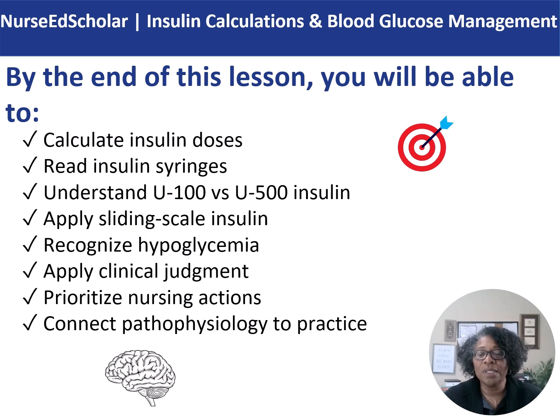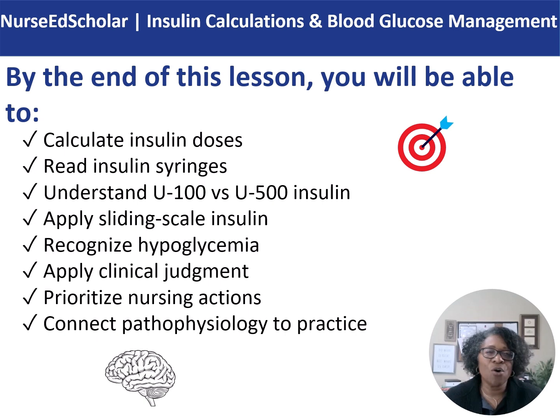And so the goal, I have calculate insulin doses, but like I said, it's not really calculating, but it's part of the series. And so we're going to talk about looking at an insulin syringe, determining the dose, looking at blood sugars, recognizing complications, what priorities you would be deciding, and trying to make you see how the NCLEX really wants you to understand this information.